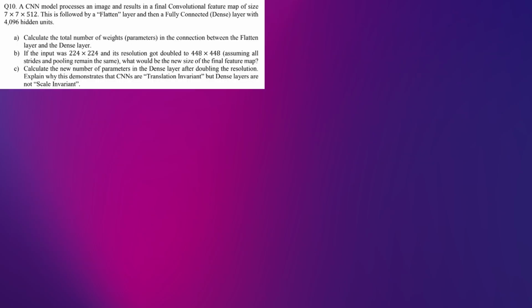So this is the 10th question now. A CNN model processes an image and results in a final convolutional feature map of the size that is given. So this will be a flattened input size 7 into 7 into 512.